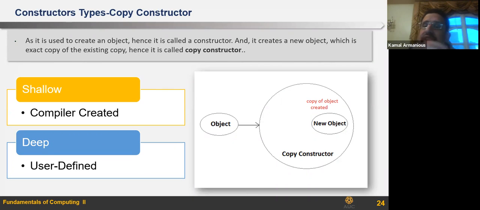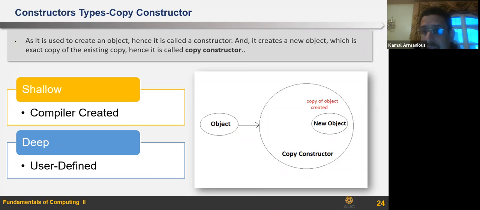And I have another object which is named Ala. So Muhammad's age is 19 and he is, let's say, 175 centimeters.